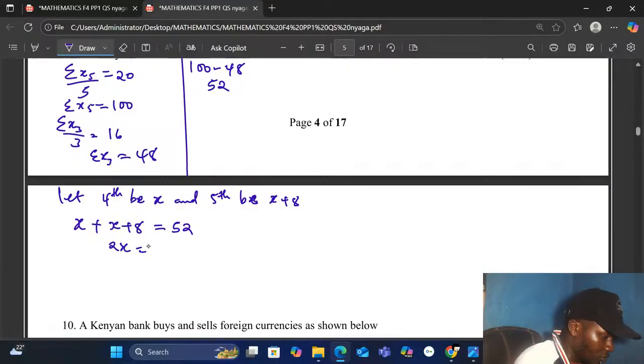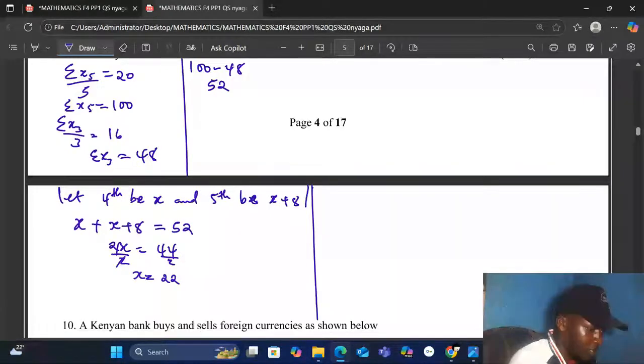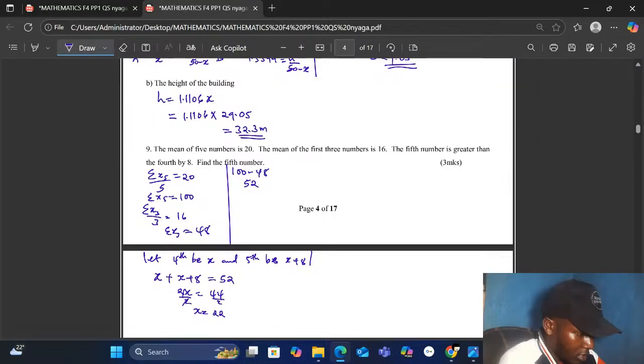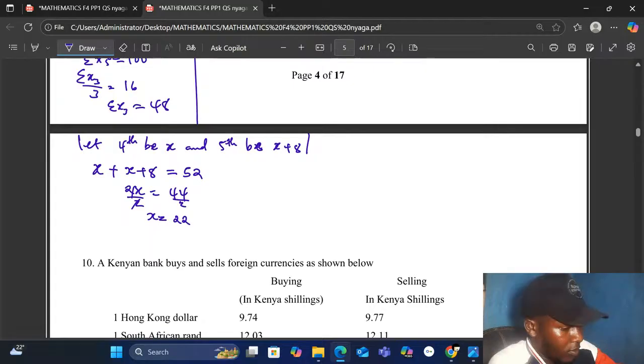2x is equal to now 44. So we divide by 2, divide by 2, and x is equal to 22. X is equal to 22. Now, remember that this is it.